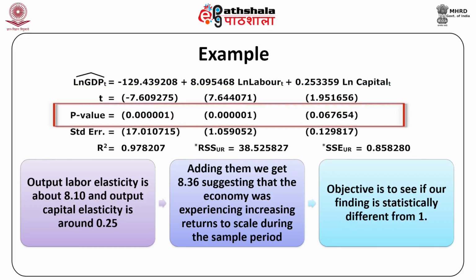The p values are 0.000001, 0.000001 and 0.067654.